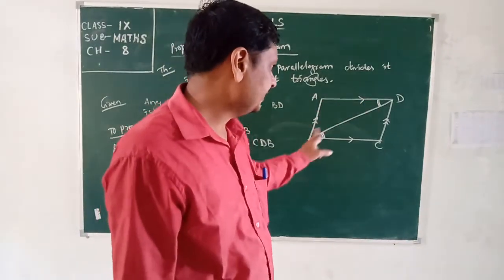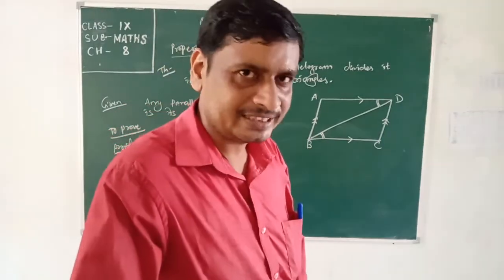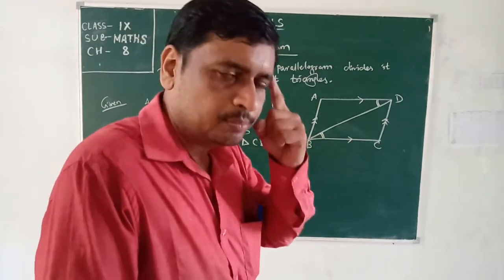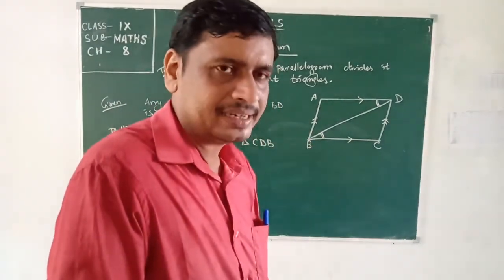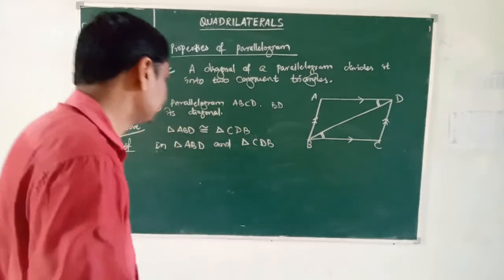Since AD and BC are parallel and BD is the transversal, angle ADB and angle CBD both become equal because they are alternate angles.